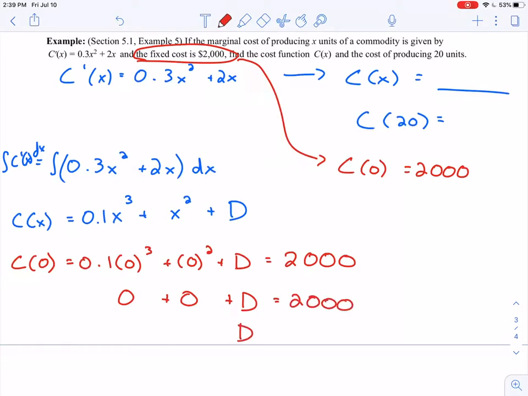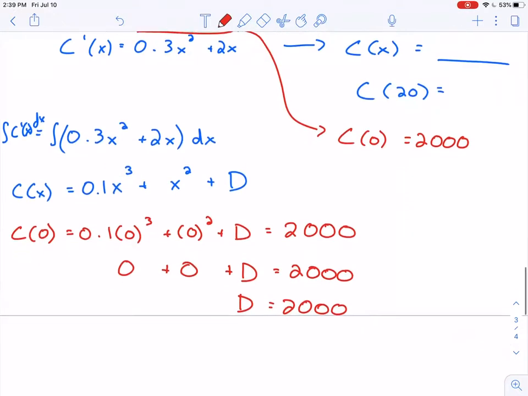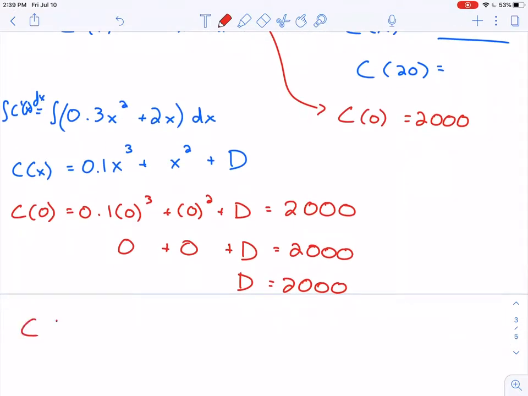So d equals 2,000. So that means my cost function, c of x, is equal to 0.1 x to the third plus x squared plus d, we just found that as 2,000. So there is my cost function.